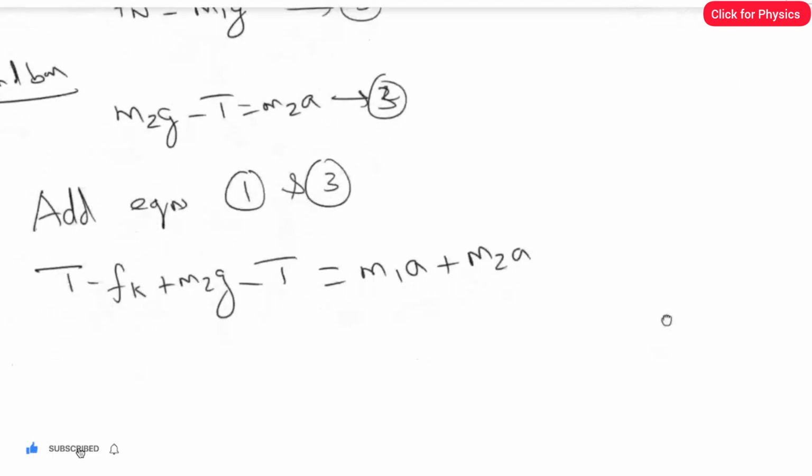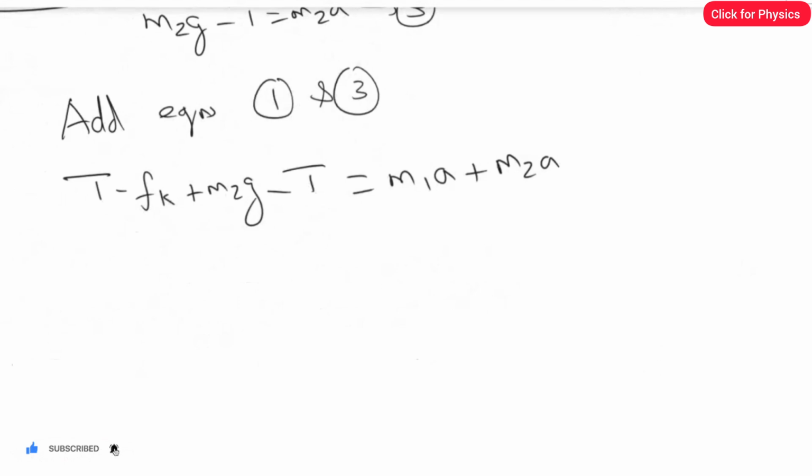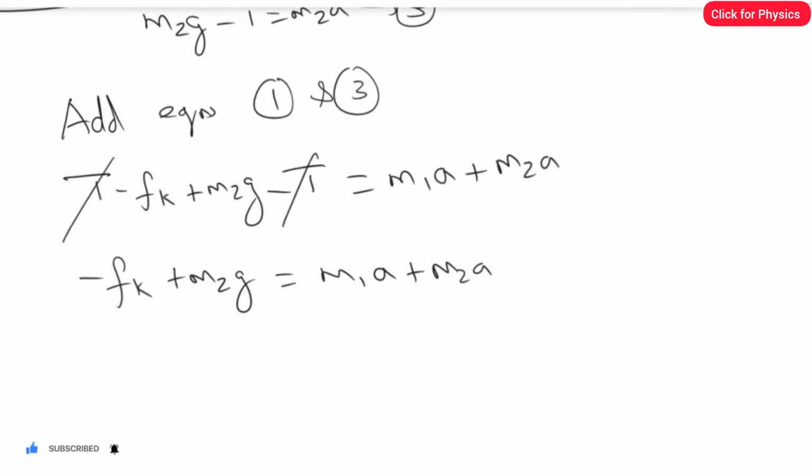Clear? Now you can see, after you add equations 1 and 3, we have plus T and minus T, so that will cancel each other. And what is remaining? We have minus fk plus m2g, which is equal to m1a plus m2a.